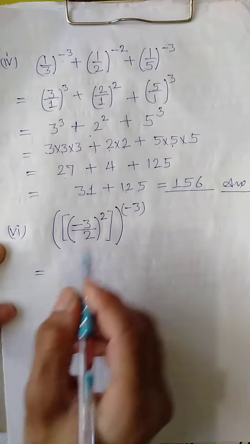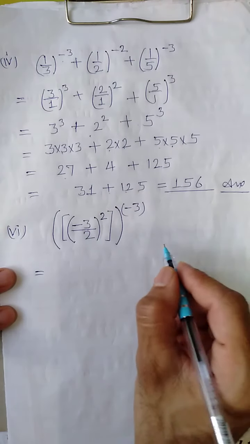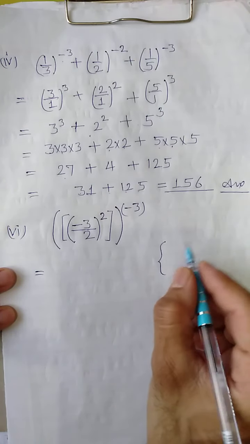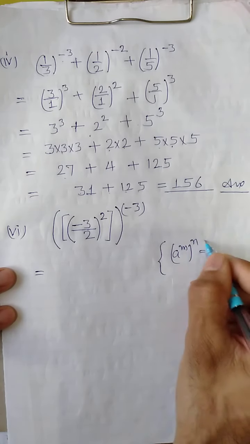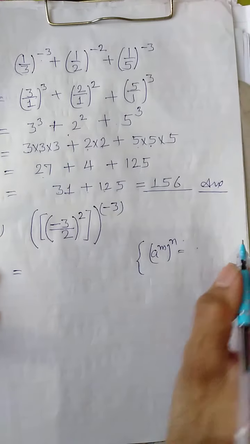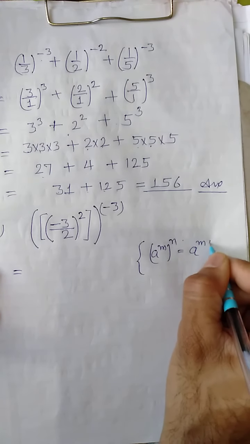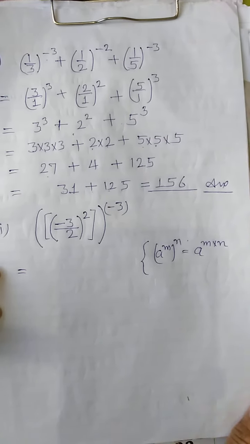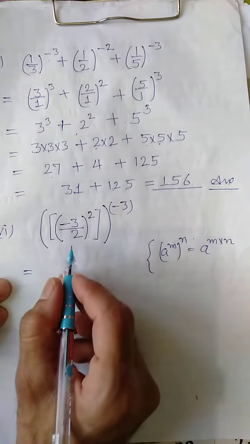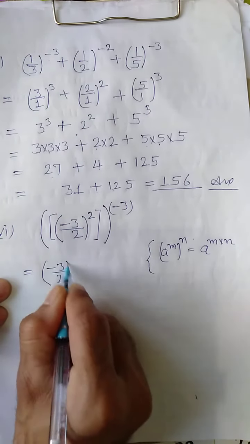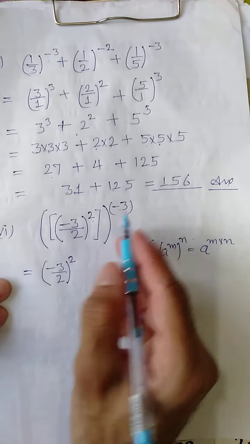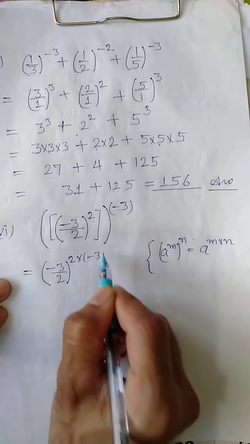How to solve this? See, this is a power. You have one law, a power m power n, power on power. So this will be equal to a power m multiplied by n. The same method we will use here, same law. So here minus 3 upon 2 power 2 multiply by minus 3.